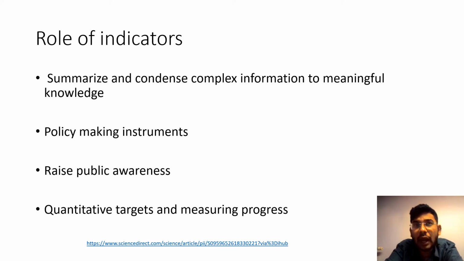So they are trying to give you a condensed form of information. The real circular economy is quite complex, so indicators try to summarize its essence and condense complex information into meaningful knowledge, into something that we can easily understand when we look at it. And usually indicators are very useful as policy making instruments.